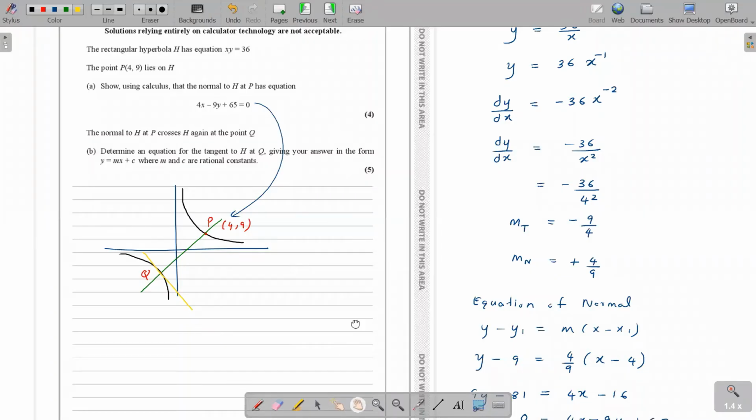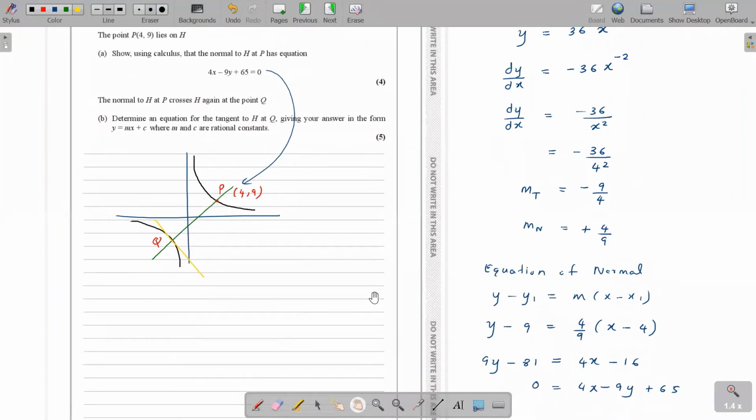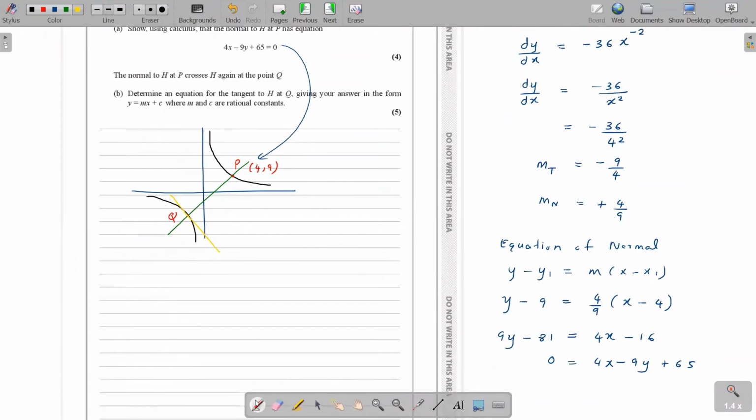What's the first thing we should do here? We need to equate the equation of the normal with the equation of the hyperbola, because we need to find the coordinates of point Q. What's the equation of the normal? We just found 4x minus 9y plus 65 equals 0.